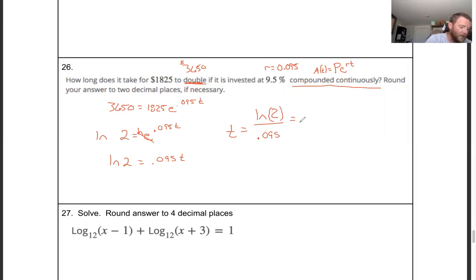So plug that in your calculator. Make sure you know how to plug that in. And the answer to 2 decimal places is 7.29628, so on. But we only want 2 decimal places. So the 6 is the rounding number. The 6 will round up. So 29 will round up to 30.